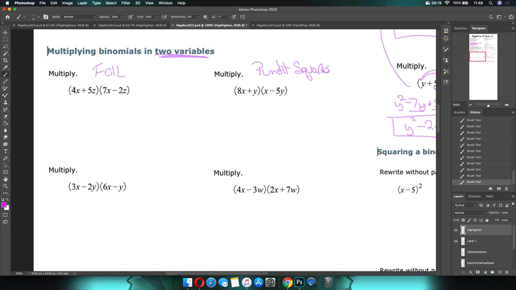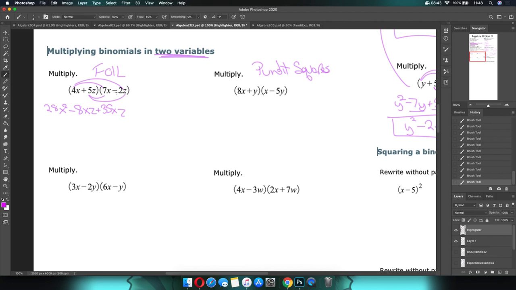Okay, so first, in FOIL, first, outer, inner, last. So F is for first, so 4 times 7, that is 28x squared. 4 times 2, that is 8xz. Again, the variables are not the same, so we just sort of mash them together. Then 5 times 7, that is 35xz.